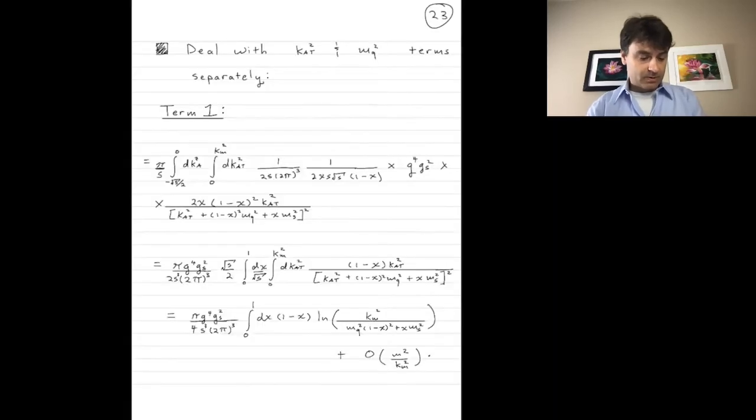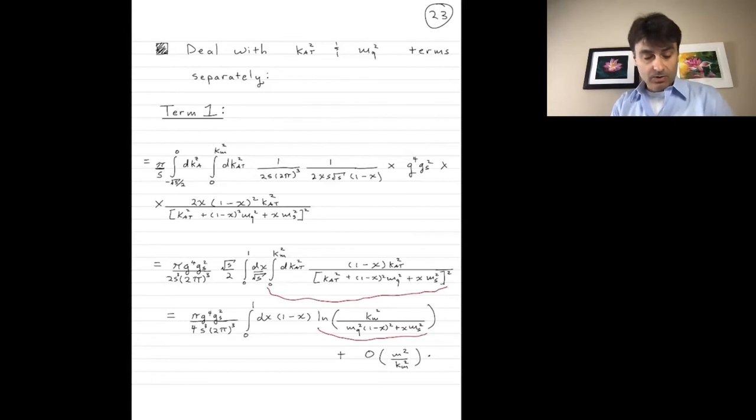But here's something tricky that happens. Go ahead and do this yourself also. Just calculate this integral and confirm that you get this logarithm right here. Okay, now you'll get that logarithm, but only if you assume that Km squared, this maximum transverse momentum, is large relative to the masses here in the denominator.